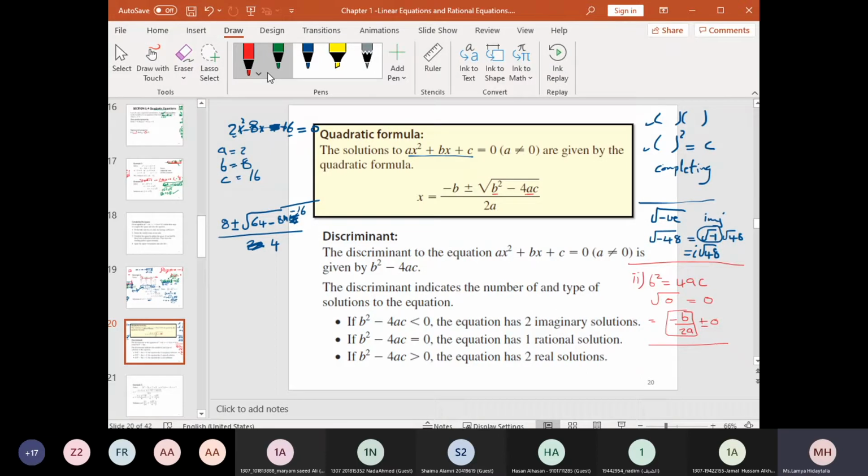The third condition is when I have two different solutions.